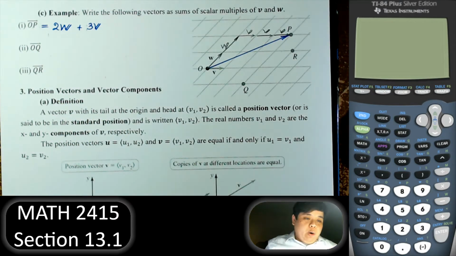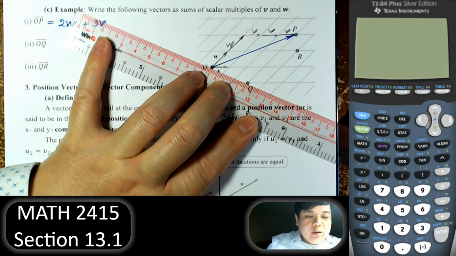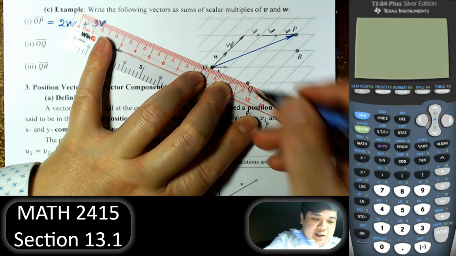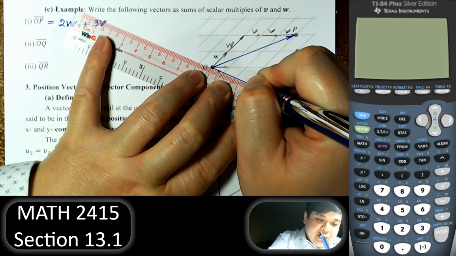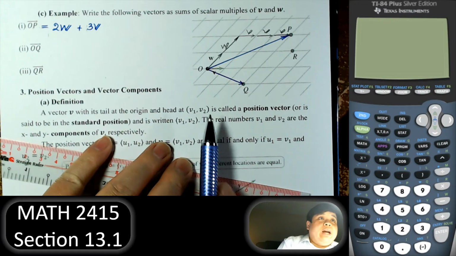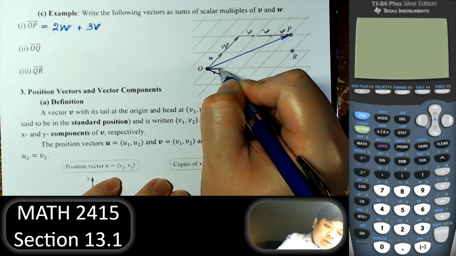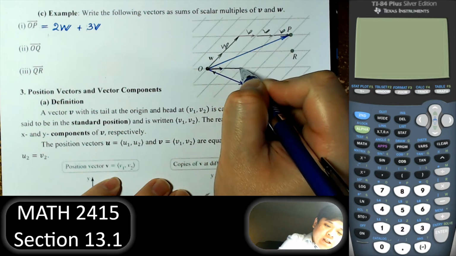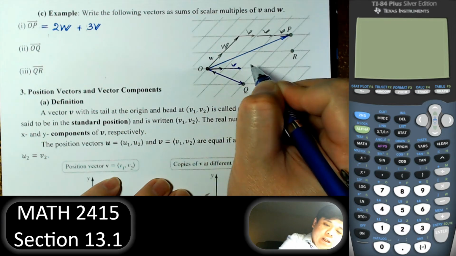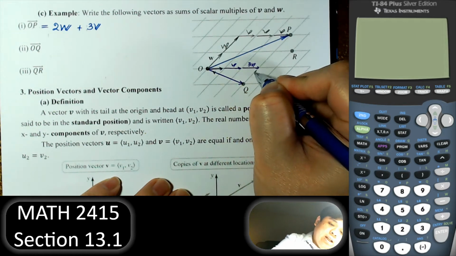Now, OQ. To get from O to Q, we go 1 v, 2 v, 3 v, and then going down.